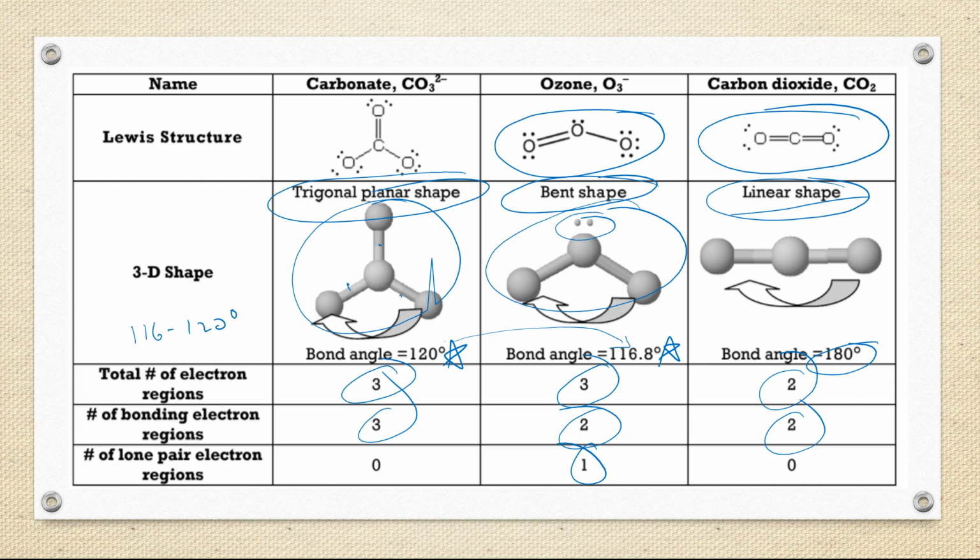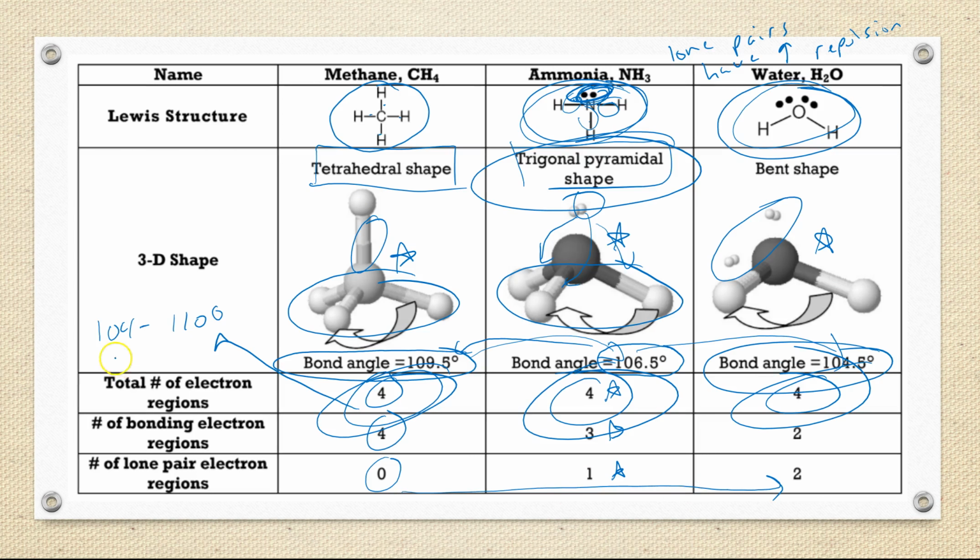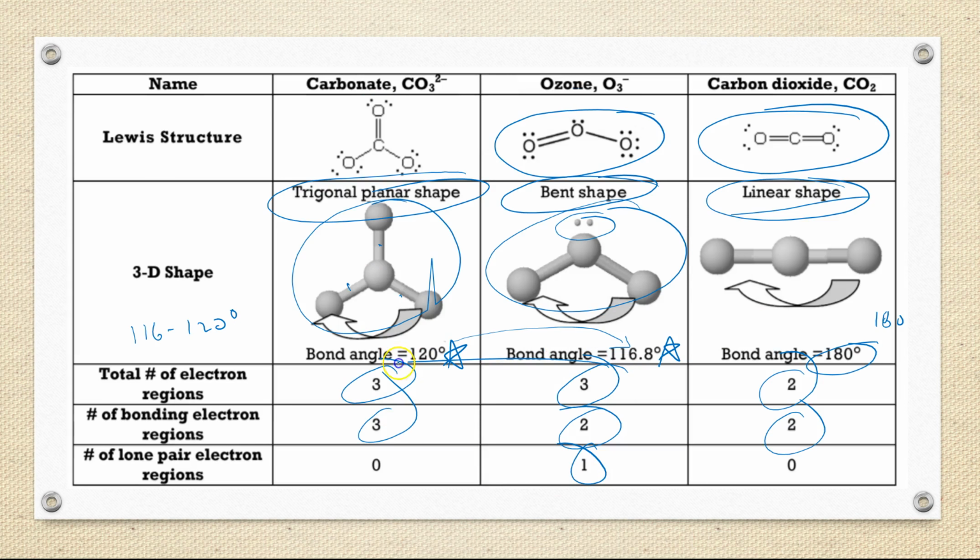And then obviously for linear, it's 180. So you need to remember 4 electron regions gives us a range of 104 to 110 degrees for our bond angle. 3 electron regions gives us a range of 116 to 120, depending on the situation. And 2 will give us 180.